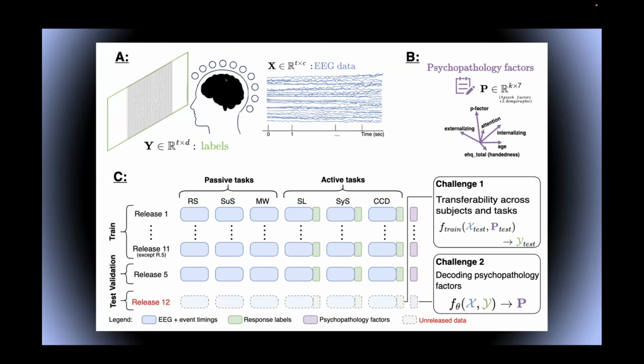So a fairly easy task. Challenge number 2 was to predict psychopathology. And we gave a database of about 3,000 people. And we had a hidden test set of about 300 individuals. So basically people submitted their model and we ran their model ourselves on our server and got the results. And this is how the ranking was done.